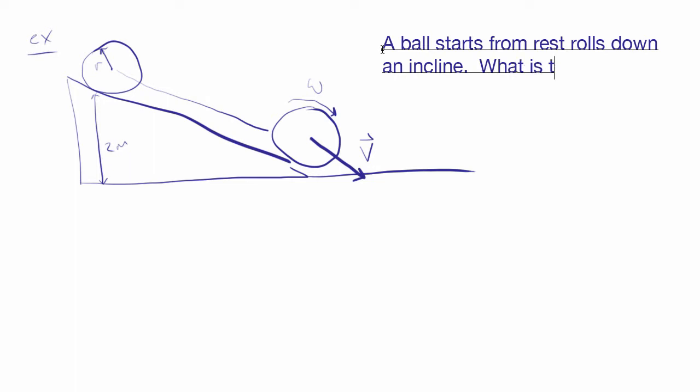So I'm asking again, what is the final speed of the ball? Okay, give you a couple things. Let me tell you that the angle of this ramp is 30 degrees. And that's all we'll give you.